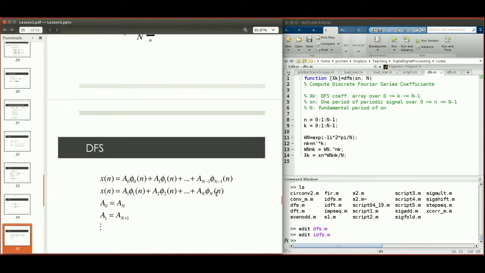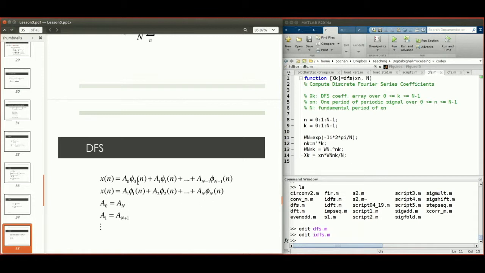And then you can just subtract these two equations. The left hand side, xn subtract xn, is 0, right? And then on the right hand side it's a1 phi 1 subtract a1 phi 1, a2 phi 2 subtract a2 phi 2, that kind of thing, up to a big N subtract 1 phi big N subtract 1. So eventually you end up with a0 phi 0 subtract a big N phi big N on the right hand side, and the left hand side is 0.